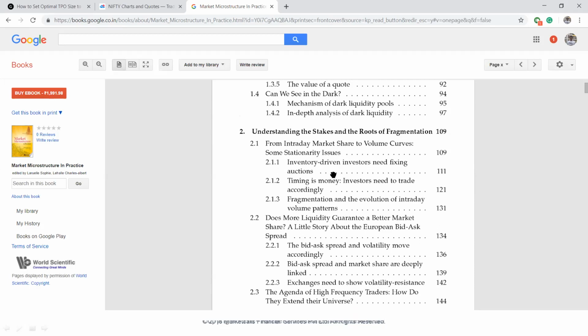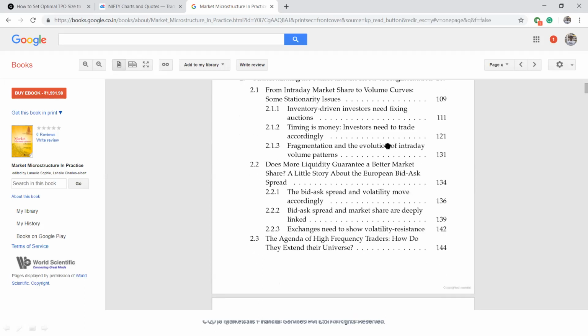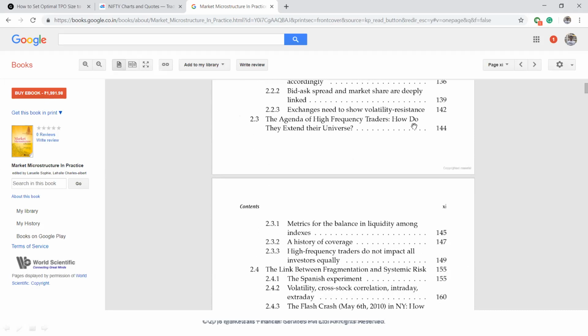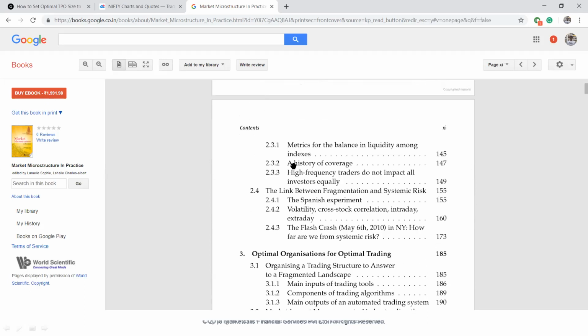Mostly it is how the institutions play the game, timing and money, the bid ask spread and volatility, how the bid ask spread affects the volatility of the markets, how high frequency traders operate, and metrics for balancing liquidity among indices.